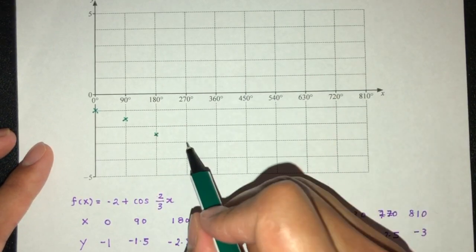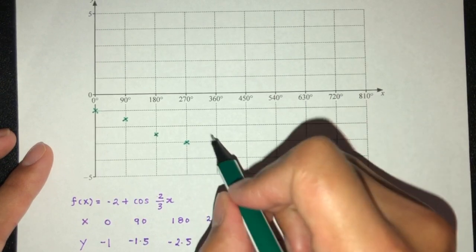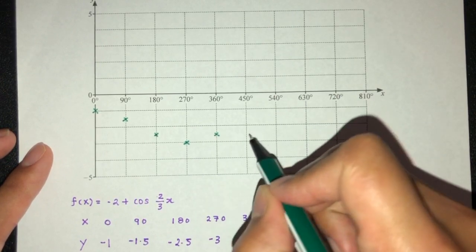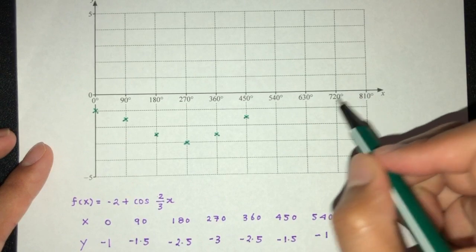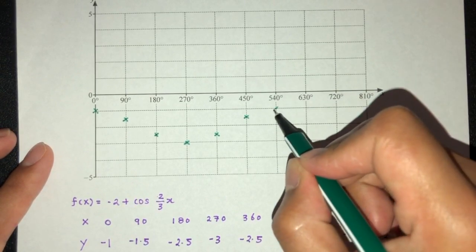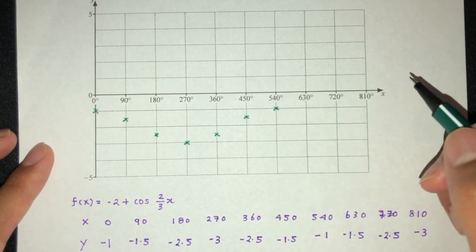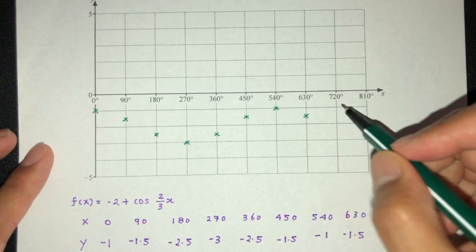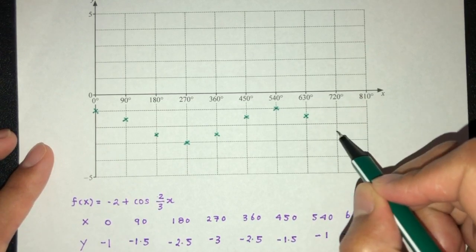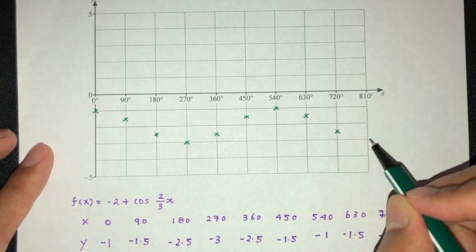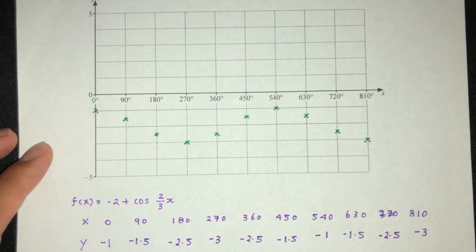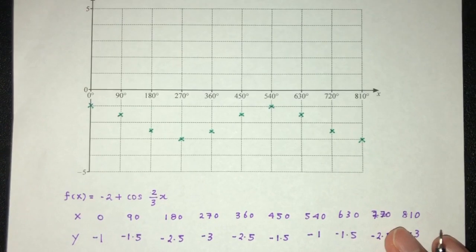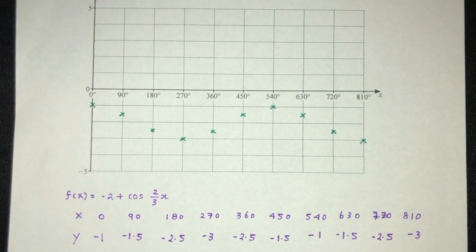270, that should be minus 3. That should be right here. And that should be right here, and here you go. And what else? So we have this, and then we have the same thing again, it repeats itself. Okay, here, and then we have the last one. Here you go. So now just make sure you join all the points by a smooth curve. Of course, use a pencil, because if you do make a mistake, you can always erase that, right?